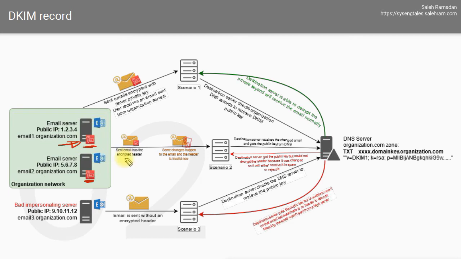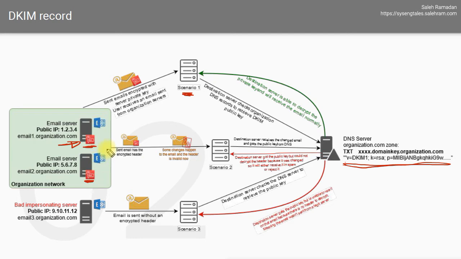Then in the public DNS record, you add the public part of that key, so recipient domains can query the DNS, retrieve the public key, decrypt the digital signature, or the encrypted header, added by your email server, and validate that this message was indeed sent from one of your email servers.